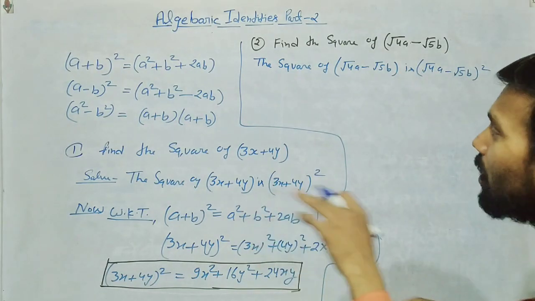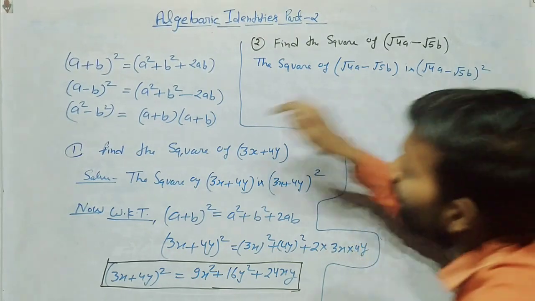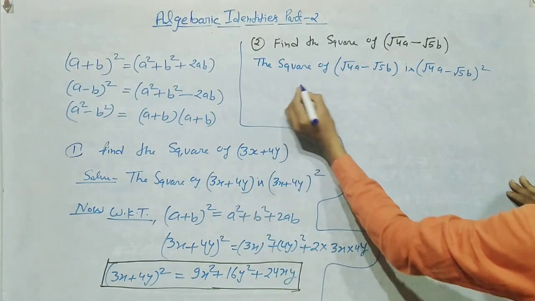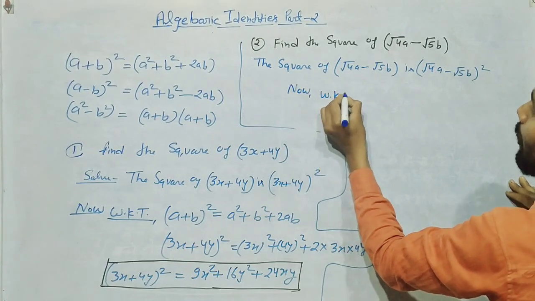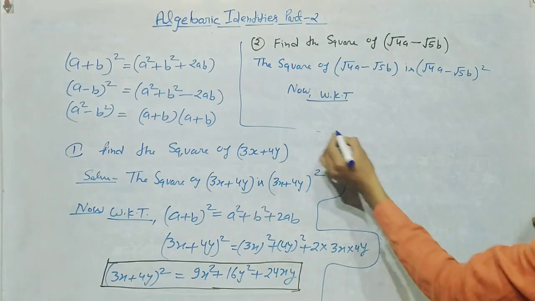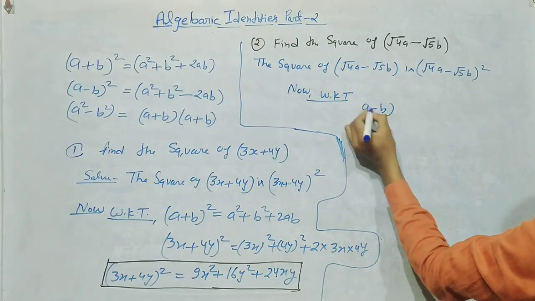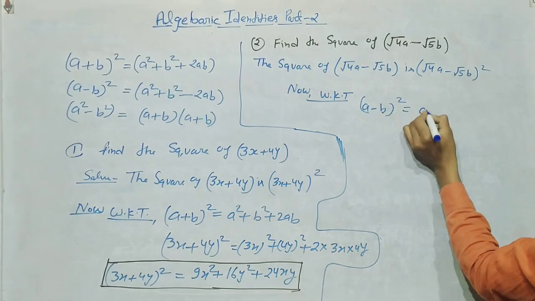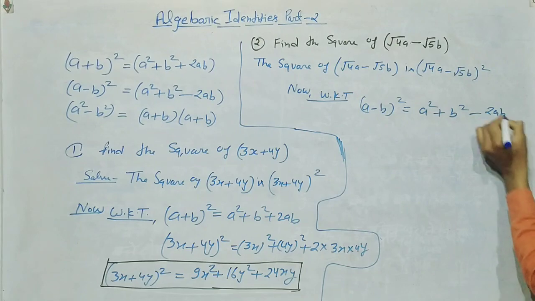Square means power 2, of any value. Now this is in the form of a minus b to the whole square. So now we know that, WKT, a minus b to the whole square is equal to a square plus b square minus twice of ab.